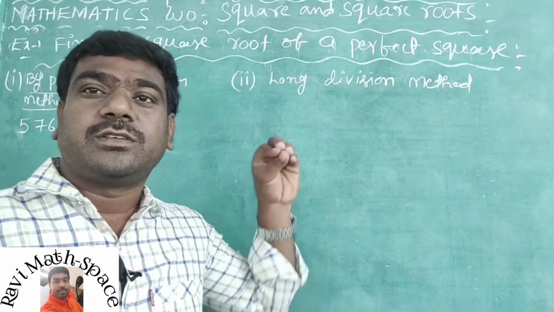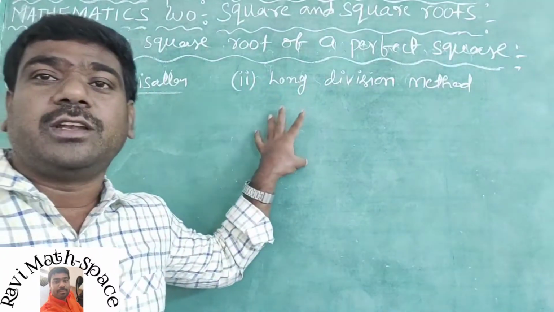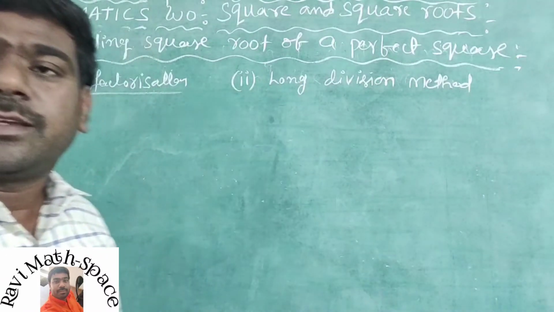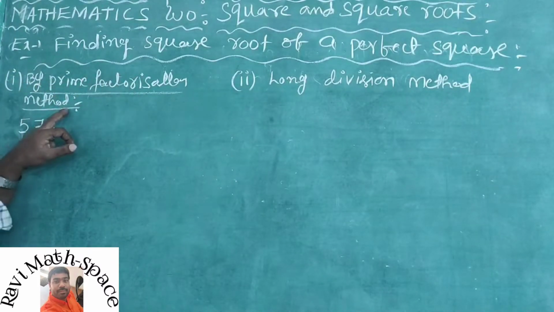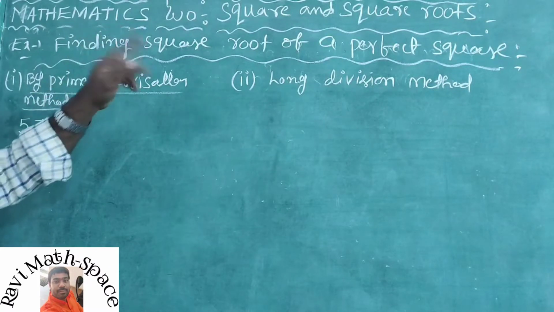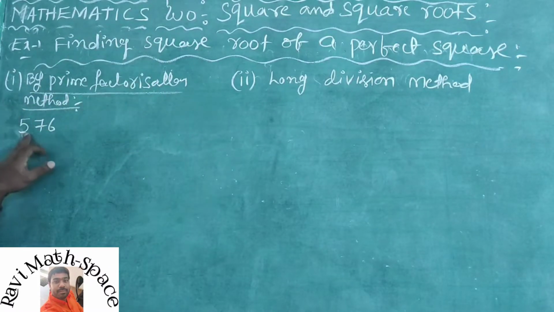Every student should know this topic, then only you can do math calculations very easily. First, using the prime factorization method we should find the square root of this number: 576. So how to find it? See here.